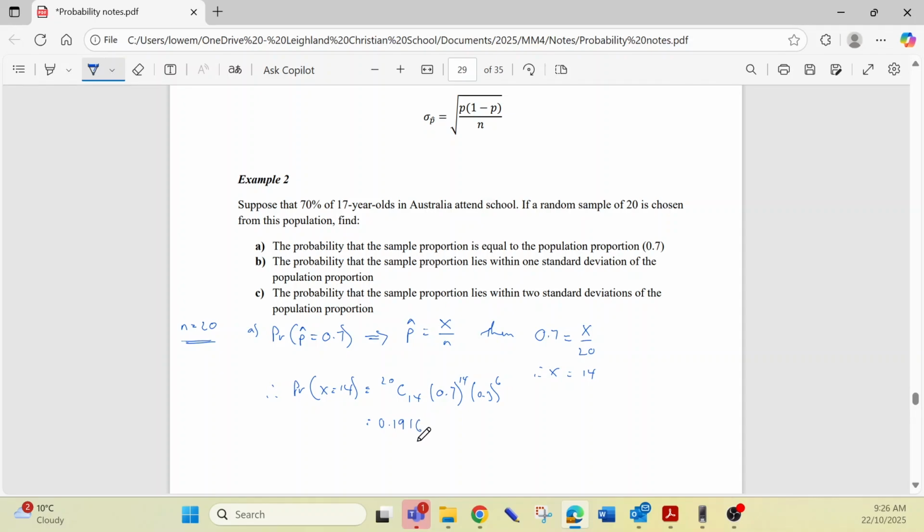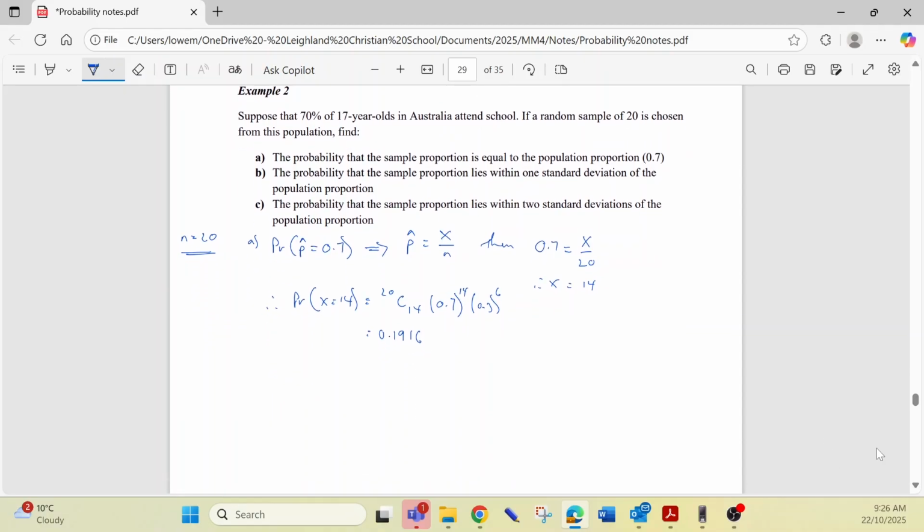So around 0.2, 19%, is the probability that this particular sample, or any particular sample of size 20, is going to have 14 17-year-olds who attend school. Okay, let's keep going.